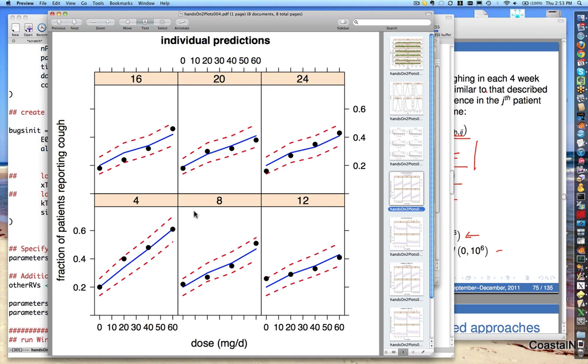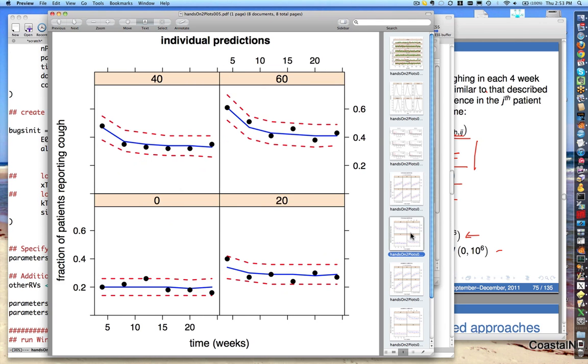So we go from the 4 to 8, 12, and up to 24-week visits in here. If you want to see the time dependence, the same data is plotted using the x-axis as time, where now the panels correspond to the different dosing groups. So we seem to be capturing both the time dependence and the dose dependence in here reasonably well.